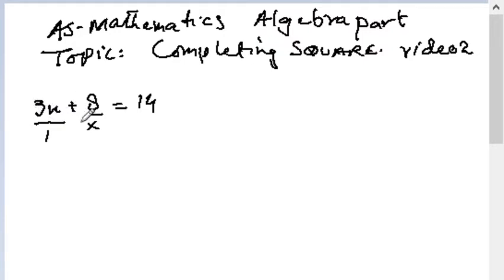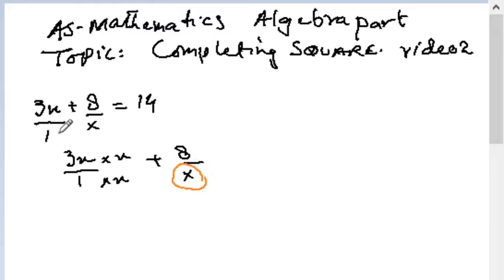Now if I multiply here, I can write 3x over 1, and 8 over x is equal to 14. I multiply 3x over 1 by x. You know why I'm multiplying by x? Because it's 8 over x here, so I want x in the denominator as well. Now I get 3x square over x plus 8 over x equals 14.